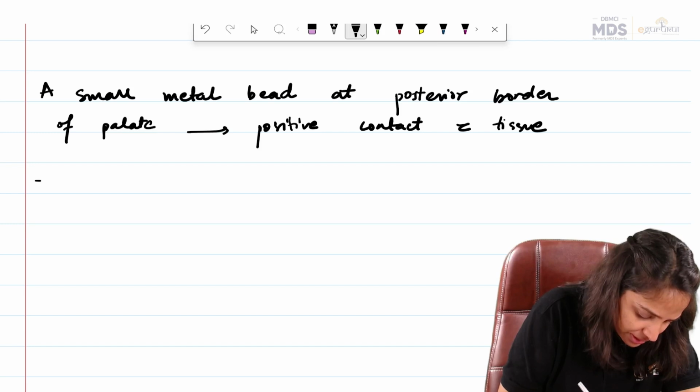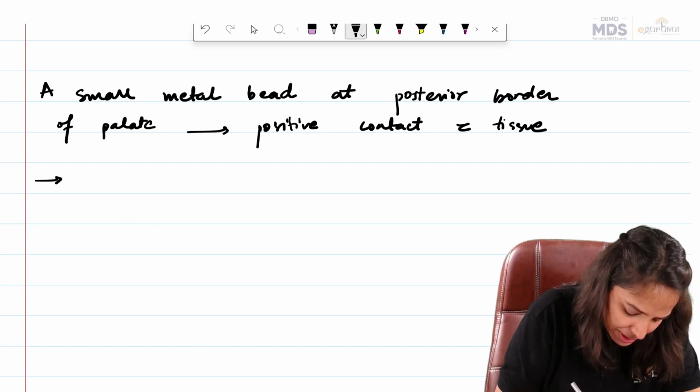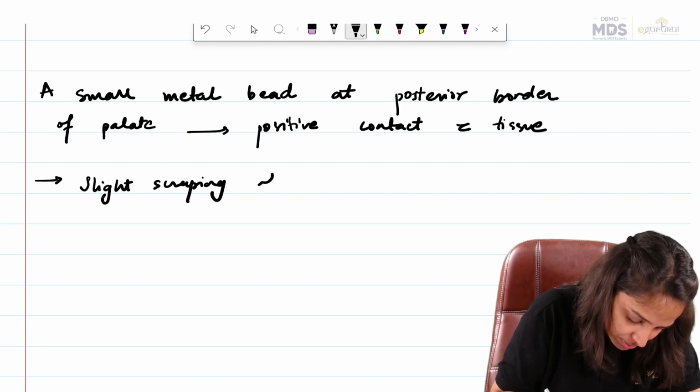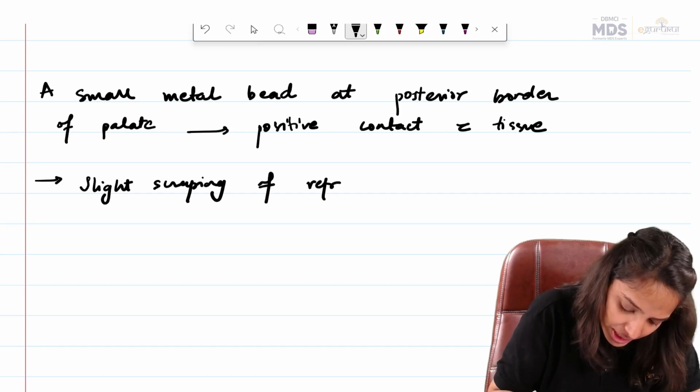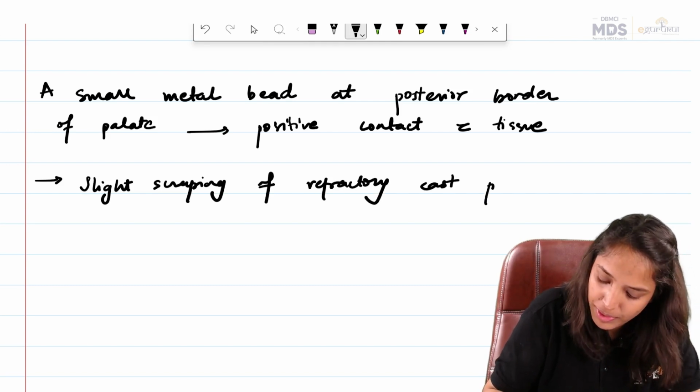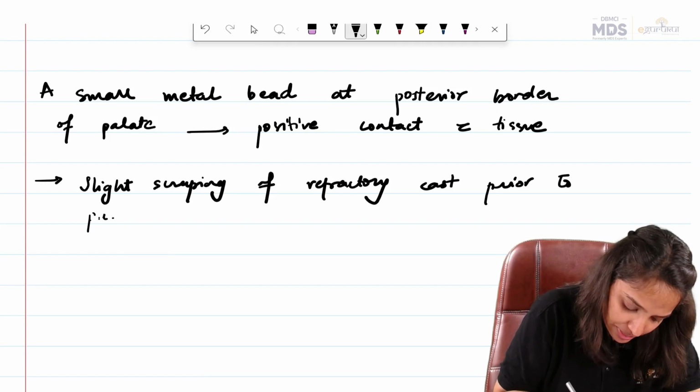How do we prepare it? It is prepared by slight scraping of the refractory cast prior to pattern formation.